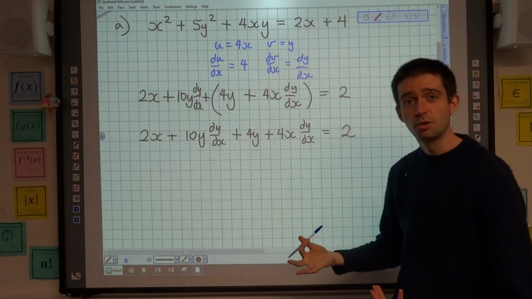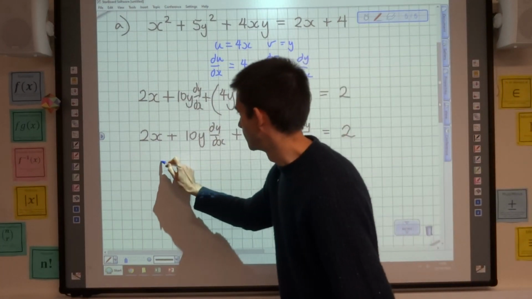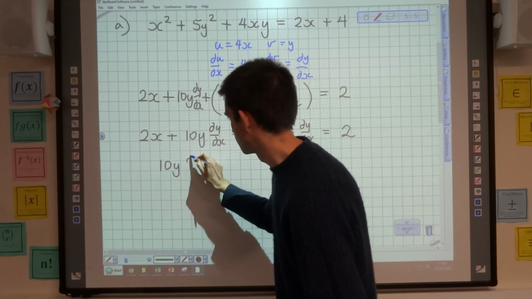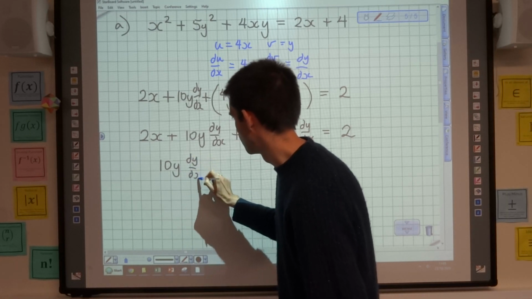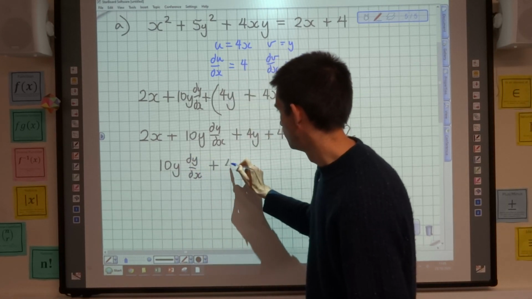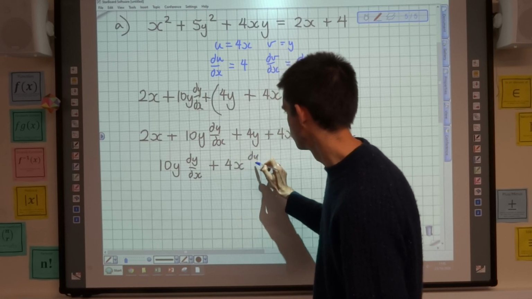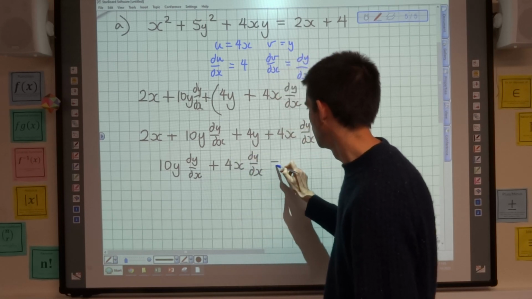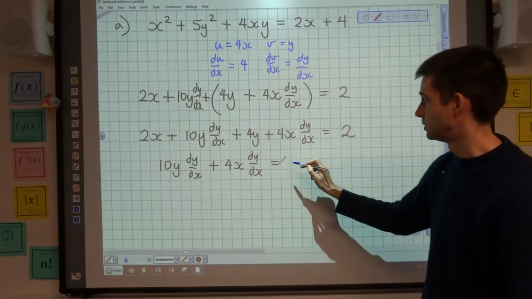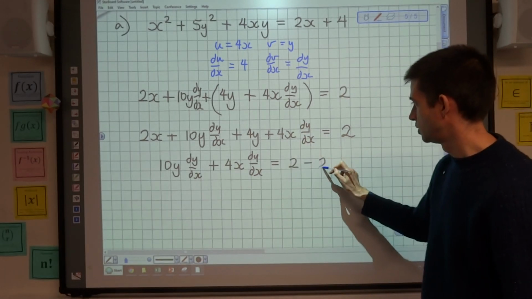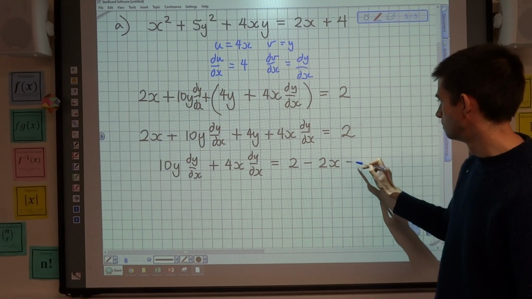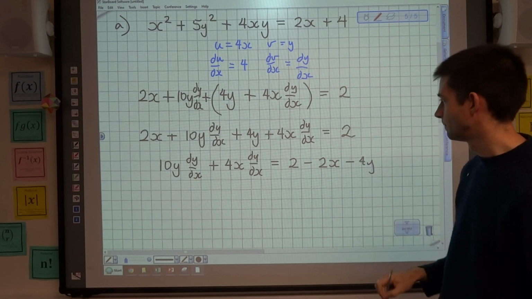And I've been asked for an expression for dy/dx, so I'm going to leave the dy/dx terms on the left hand side, so that's 10y plus 4x dy/dx. And then I'm going to move the other terms over to the right hand side, so 2 minus 2x minus 4y.